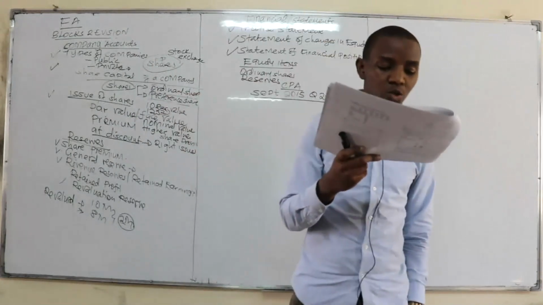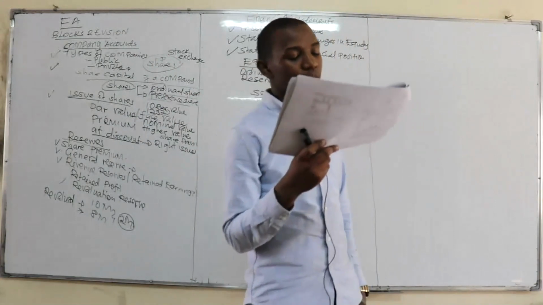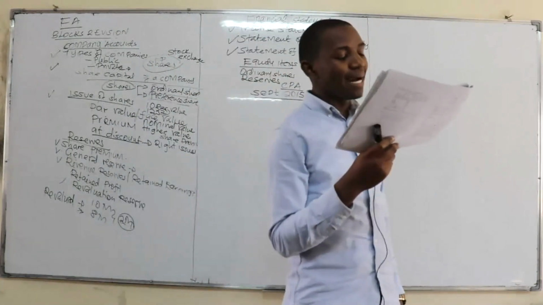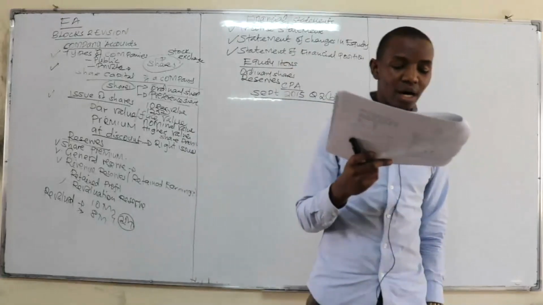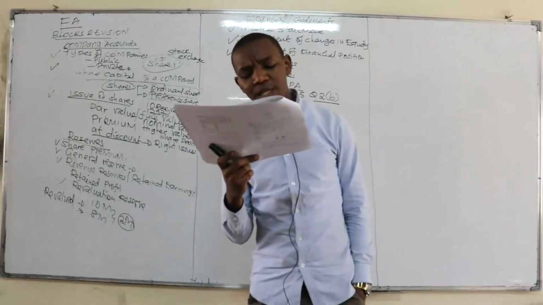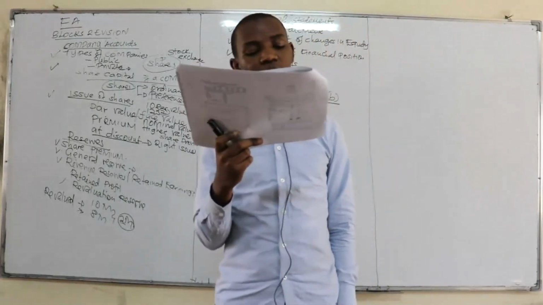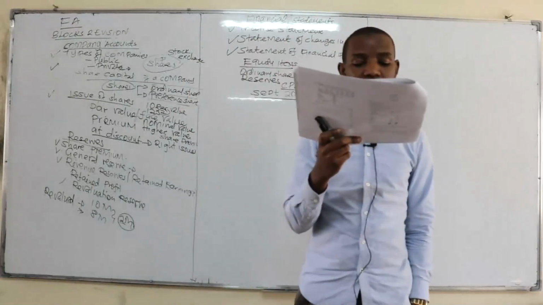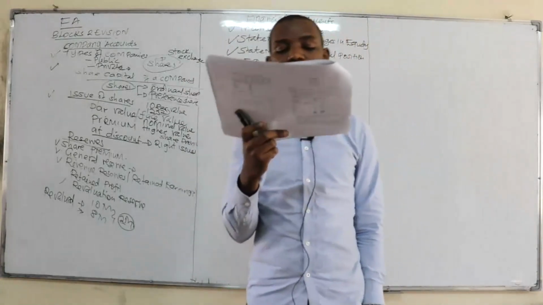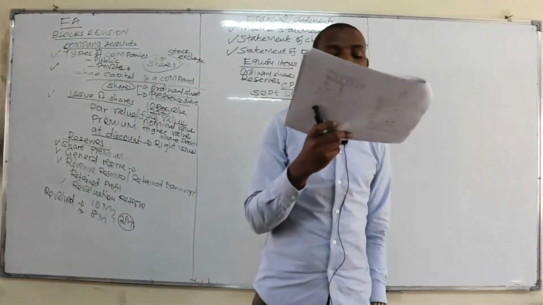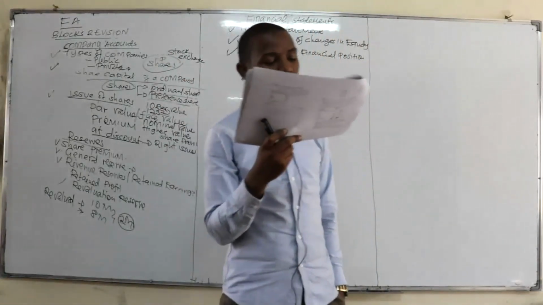Motor vehicles 20% straight line basis. Allowance for doubtful debts is to be adjusted to 300,000. Irrecoverable debts amounting to 50,000 to be written off. Insurance amounting to 600,000 had been paid to cater for a period of 1 year ending 31st August 2015.